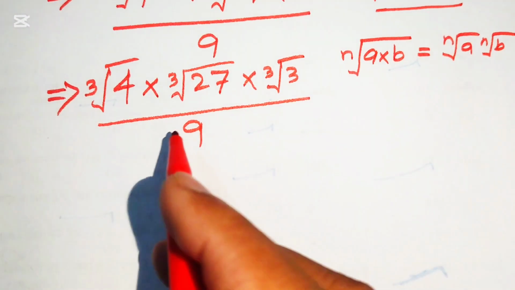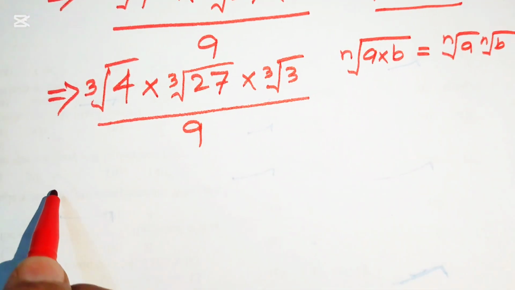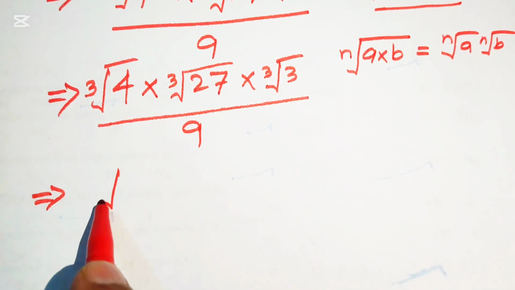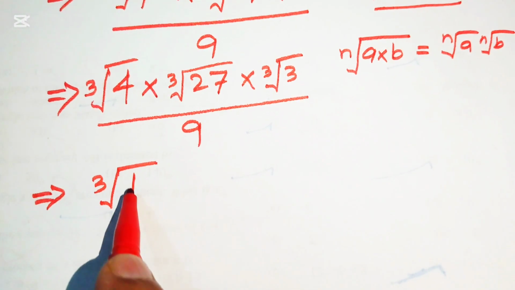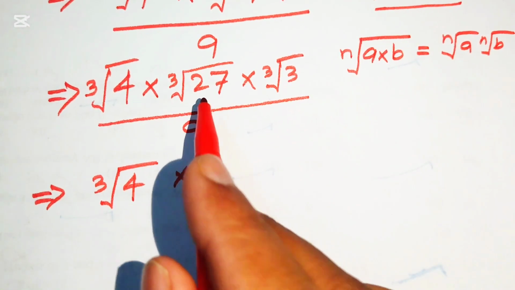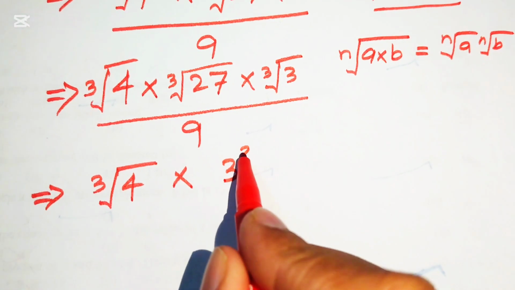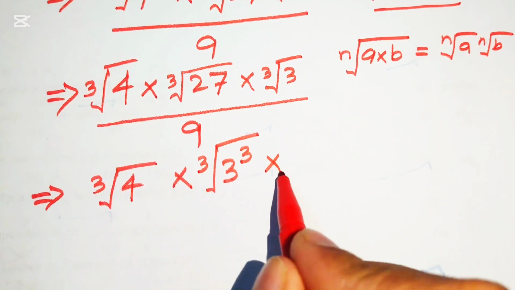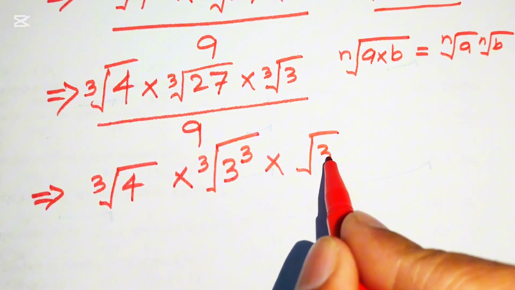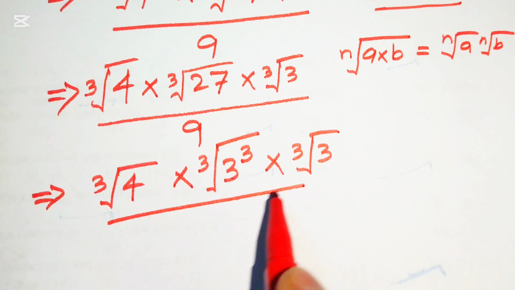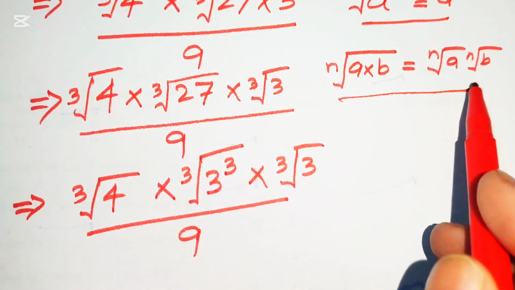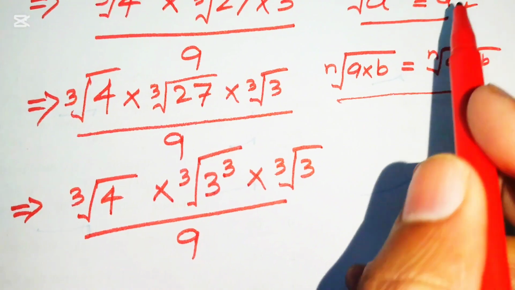We know that 27 equals 3 cubed, and we take its cube root, multiplied by the cube root of 3 divided by 9.